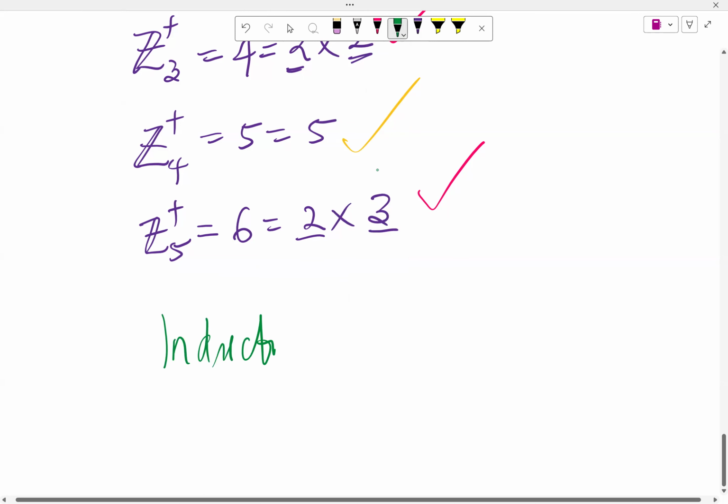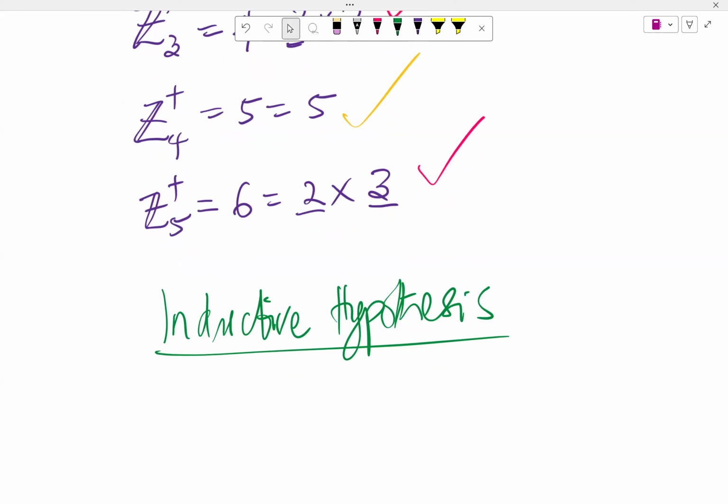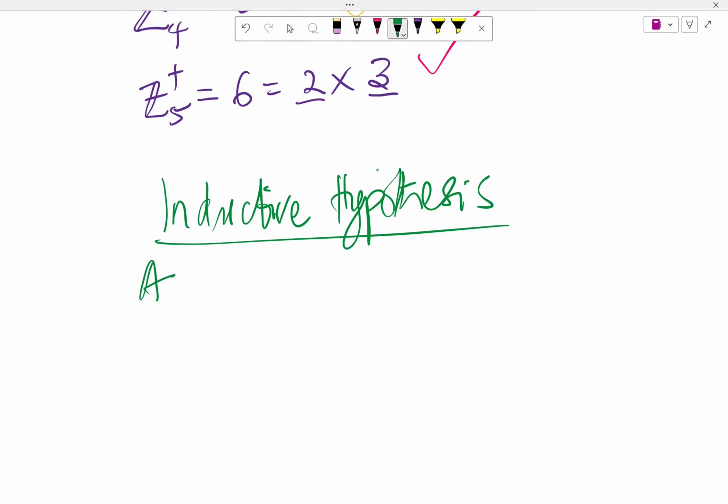Not the inductive step yet, it's the inductive hypothesis. That's the third stage. So you have a claim, the base case, the inductive hypothesis, the inductive step, and finally the conclusion. For the inductive hypothesis, assume the claim is true.